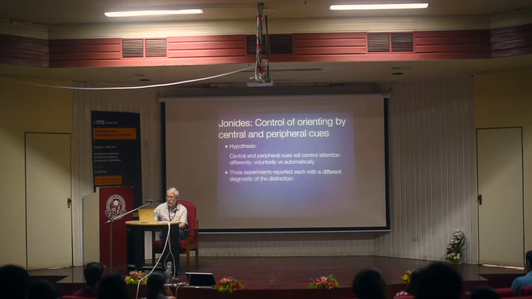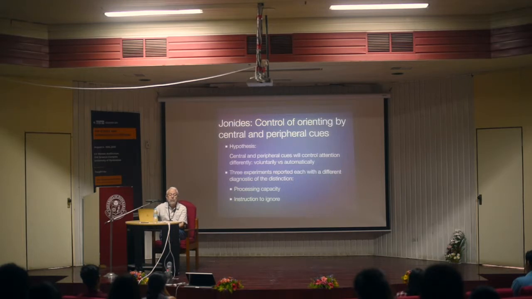He conducted 3 experiments, each of which had a different diagnostic for reinforcing or not this distinction. In one, he manipulated the amount of processing capacity that the participants had available at the time they were doing the task. In another, he actually instructed participants to ignore the cue to see if they could ignore it.